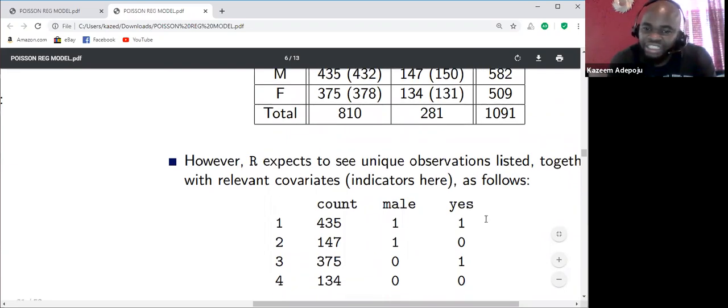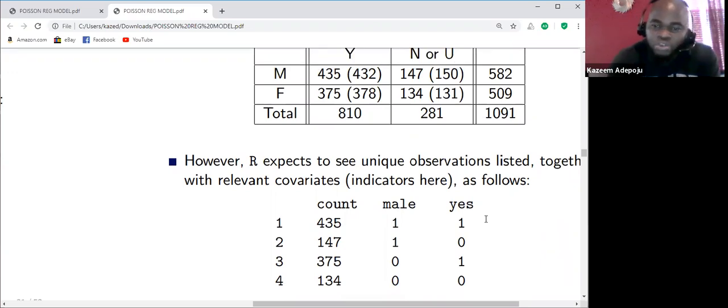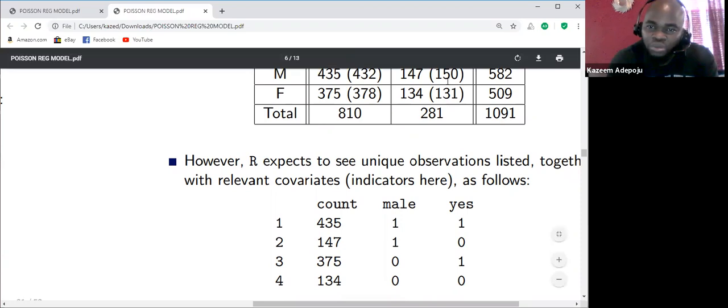Yes is coded 1, and no or undecided is coded 0. So I can extract a data set where I have a count, the response, and the predictors: a gender predictor, and the response, whether it's yes or no.